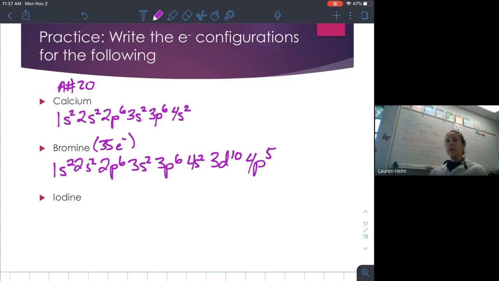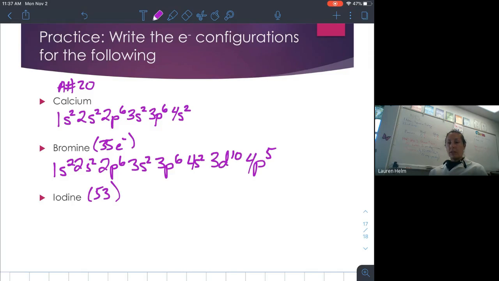Iodine has, I need to count, 53 electrons. So we're going to go again in filling order.